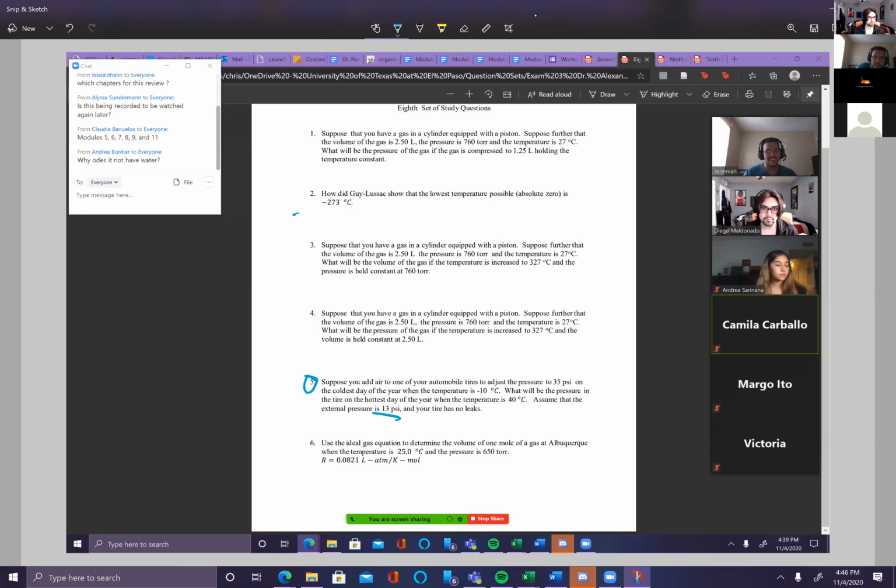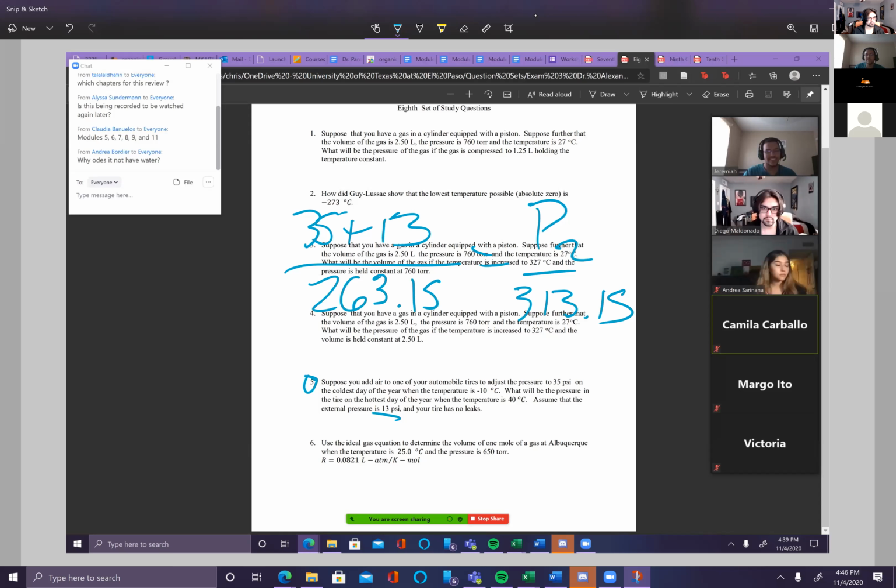So you'll have 35 plus 13 over 263.15 equals whatever the final pressure is at 313.15 Kelvin. So this is your external pressure, if it's given. Takes forever to write that.